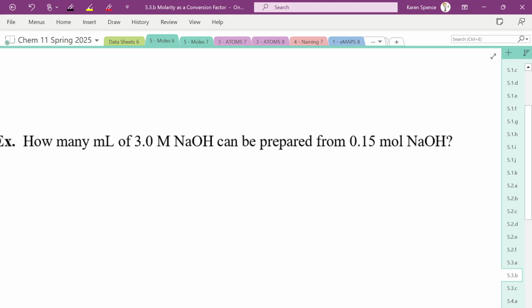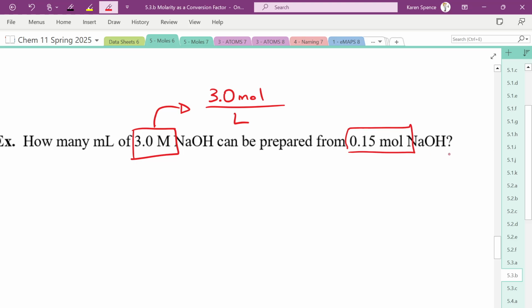How many milliliters this time of 3.0 molar? Every time you see molar, first thing you do, you say, nope, not molar, 3.0 moles over liters. And then we have 0.15 moles of NaOH. And we want how many milliliters?